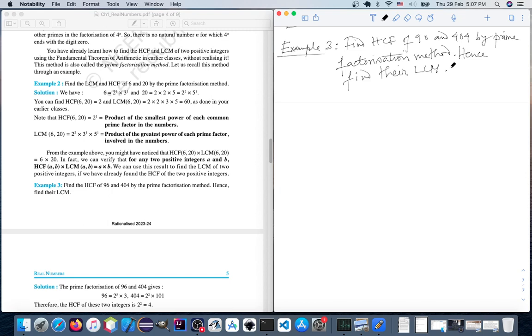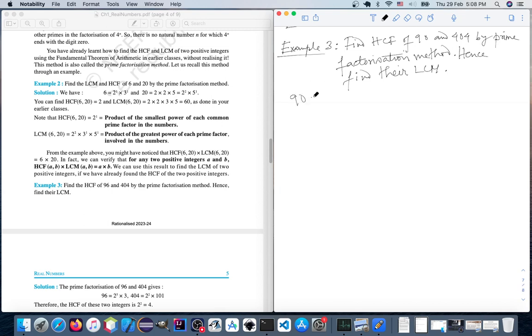So the two positive numbers given are 90 and 404. It asks to find the HCF by the prime factorization method, and then also to find the LCM of 90 and 404. First, we need to write down the prime factorization of 90 and 404.